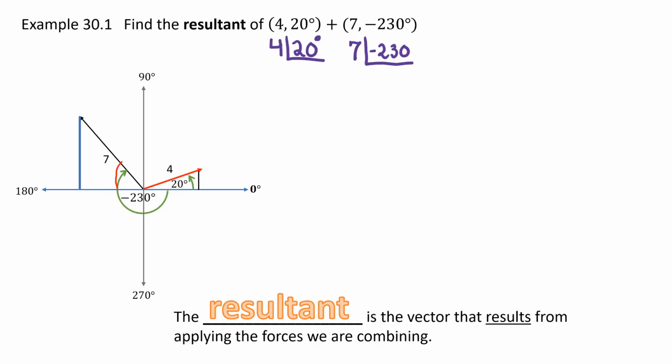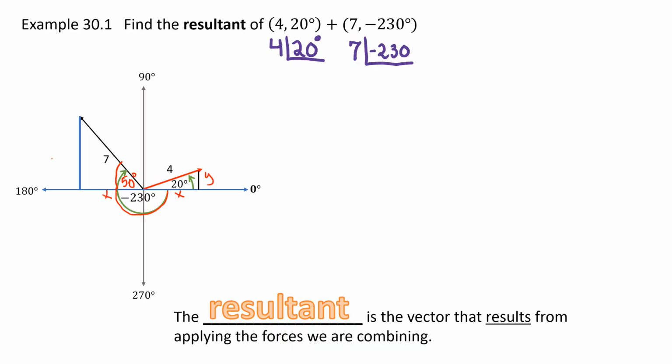So when you're following this little trail, you're going 90, 180, and then how much further do you have to go to get to 230? That's going to be 50 degrees. All right, so those are the two triangles we're going to be dealing with, and we're going to find the x and the y for each triangle.